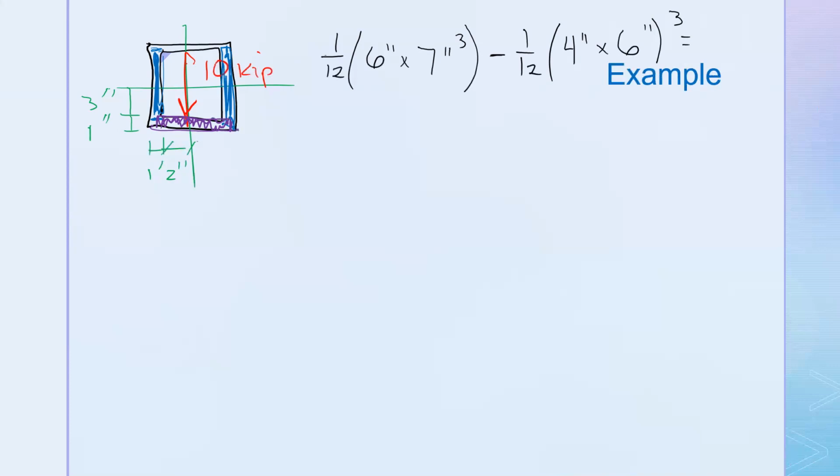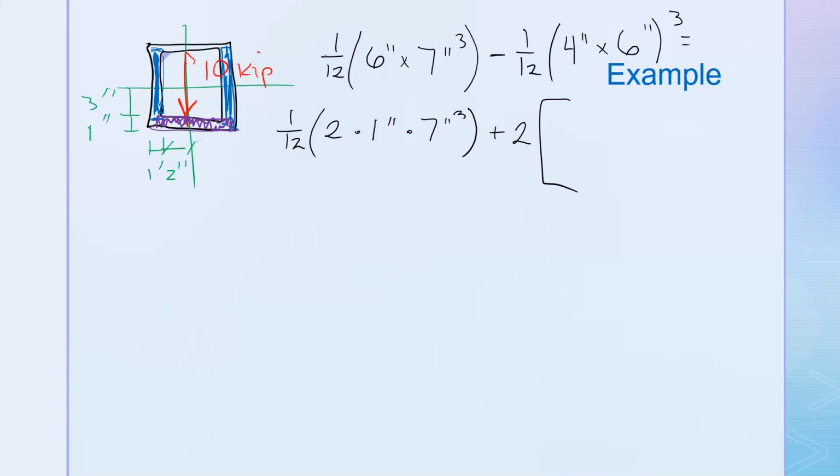So on the other method, for the blue, the sides, we have the 1/12 times the width would be 2 of them. So there's 2 of them times 1 inch. And then the height is only the 7 inches cubed. And then plus, let's see, there's 2 of these, the top and the bottom.